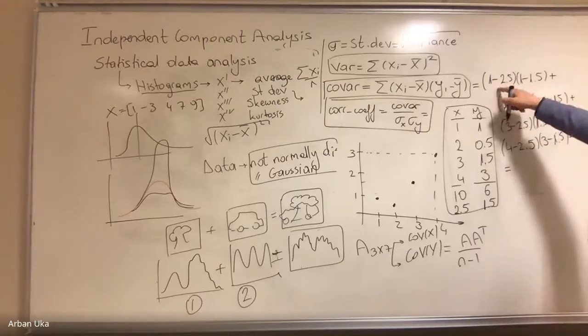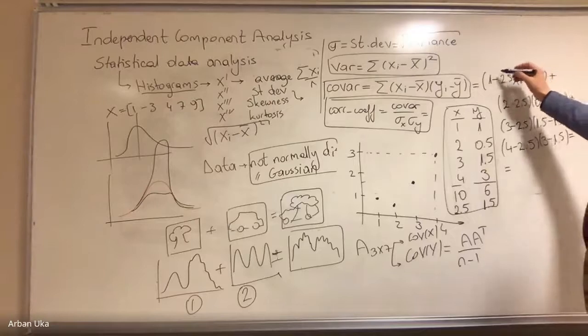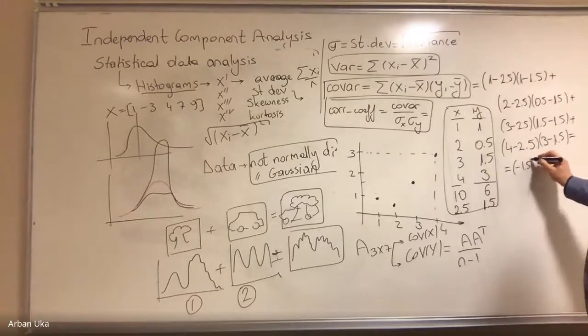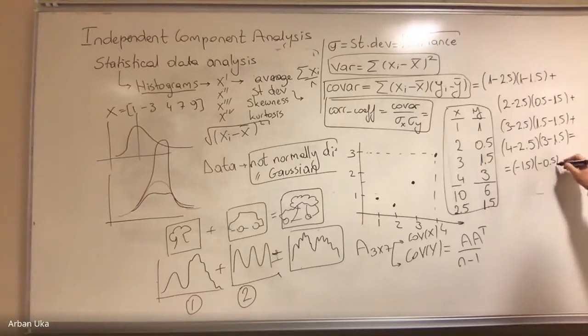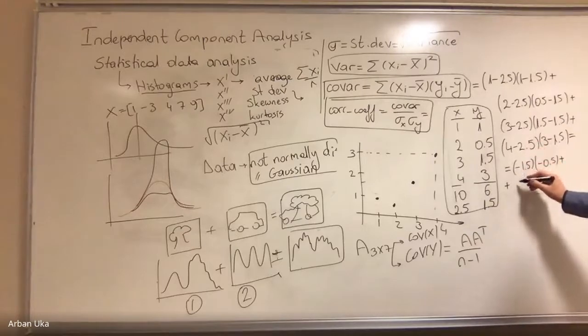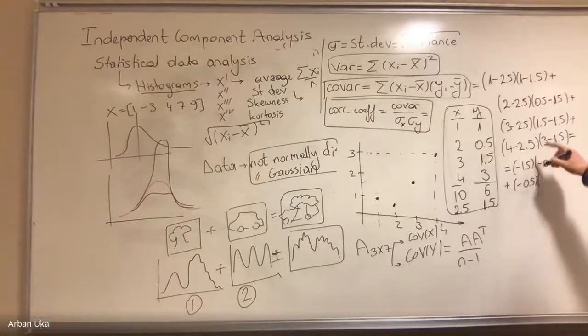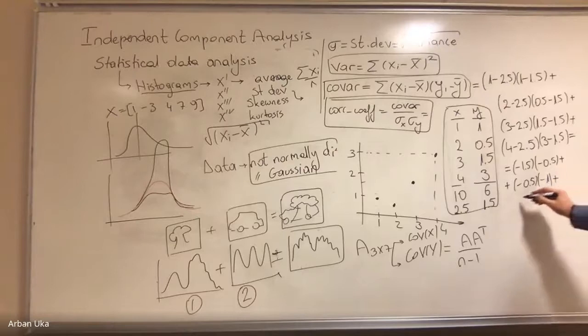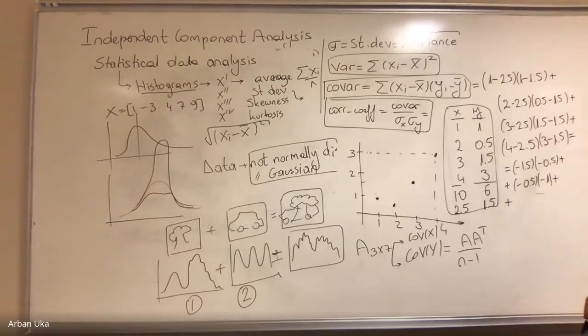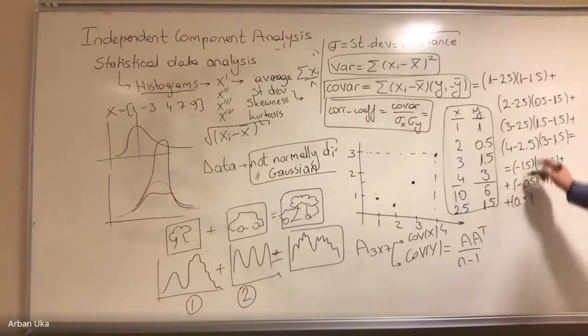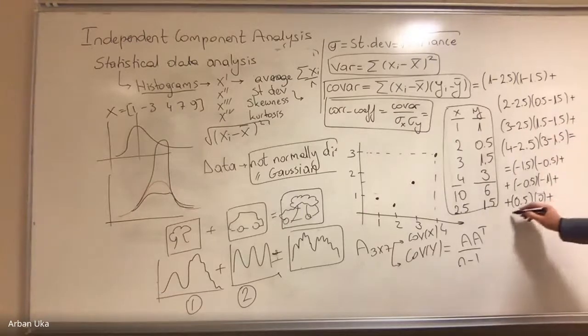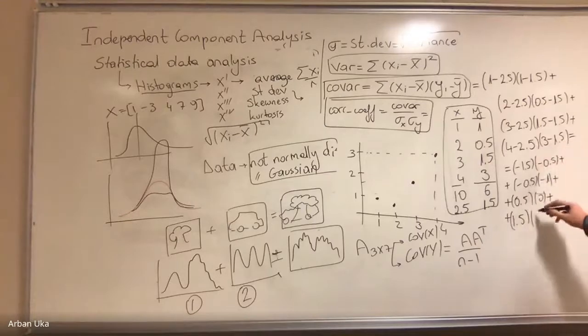We see here that this is equal to minus 1.5 times minus 0.5 plus, so if you have a calculator, you can do this a little faster than me, then here we have 2.5, this is minus 0.5 times minus 1, wait a second, this is minus 1, plus 3 minus 2.5, this is 0.5 times 0, okay, this factor is cancelled out, plus 1.5 times 1.5.